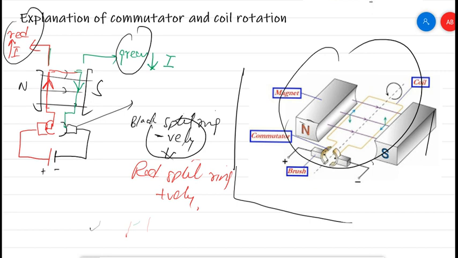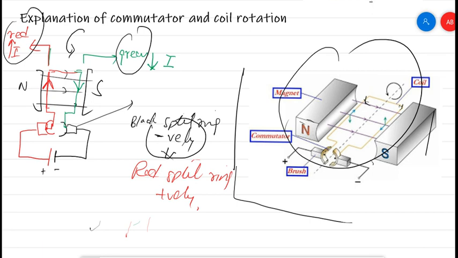According to this arrangement, the green side will move upward and the red side will go downward, so it will start to move anti-clockwise. Who? The rotor. Why? Due to the mutual interaction of the two magnetic fields.